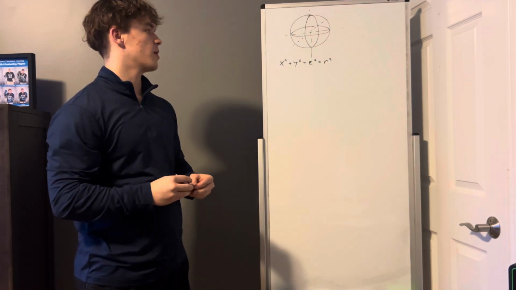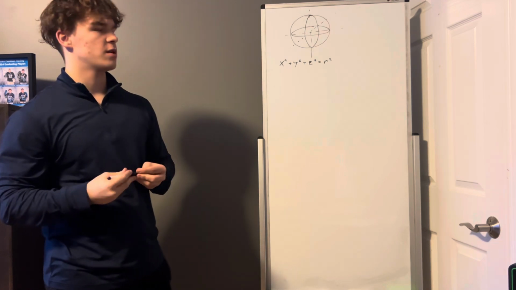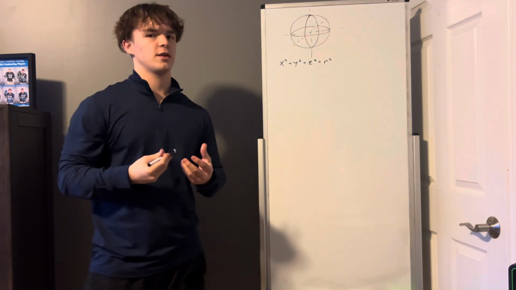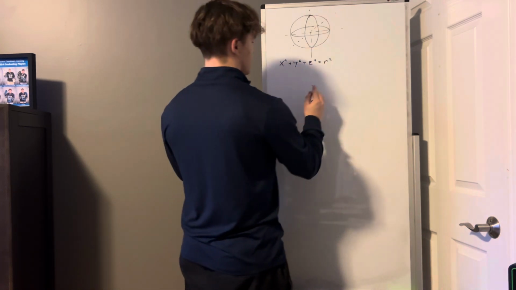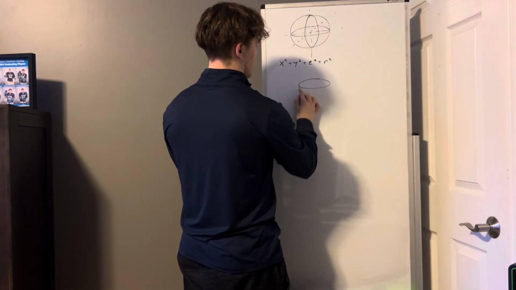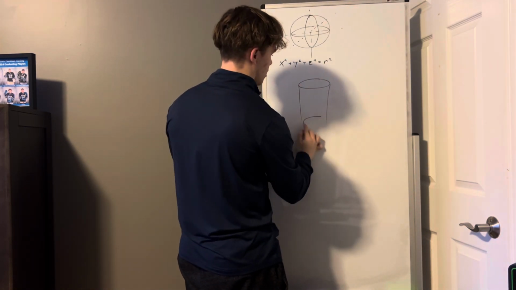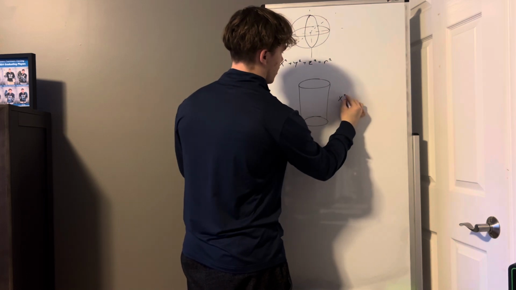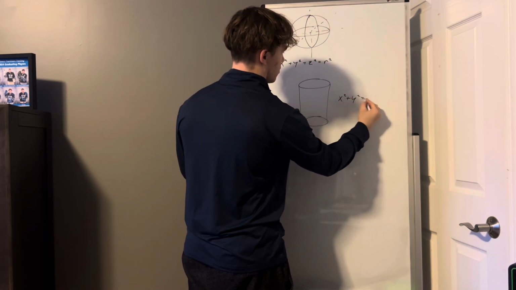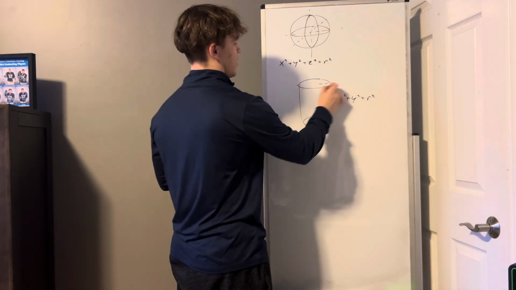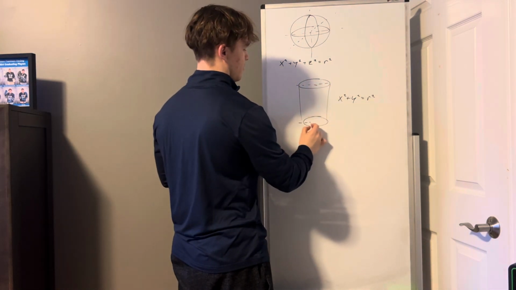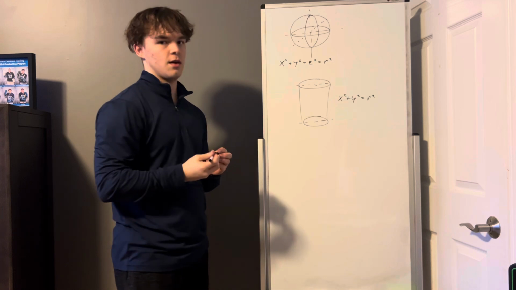And a lot of you might be wondering, why is it not x squared plus y squared equals r squared? Well, that brings us to our next shape. That shape is the cylinder, where x squared plus y squared equals r squared. And you might notice we have these caps here on the cylinder.